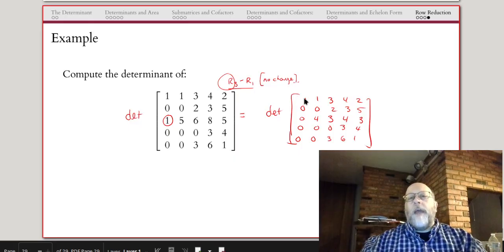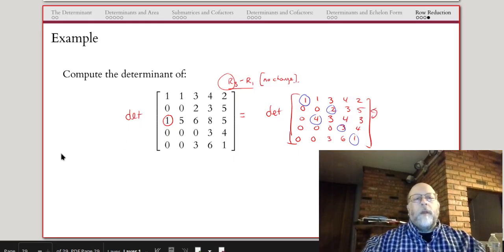But I want to look now. Here are my leading entries. My leading entries in rows 2 and 3 are out of order, and so I'd like to switch row 2 and row 3.